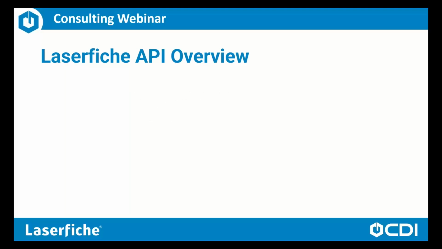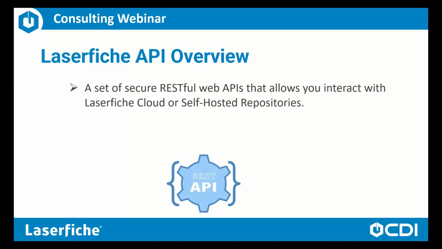So what is the Laserfiche API? The Laserfiche API is a set of secure RESTful web APIs that allow you to interact with Laserfiche Cloud or Laserfiche self-hosted repositories. So what is a RESTful web API?